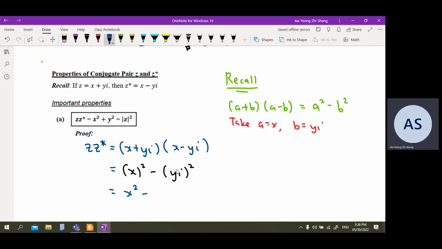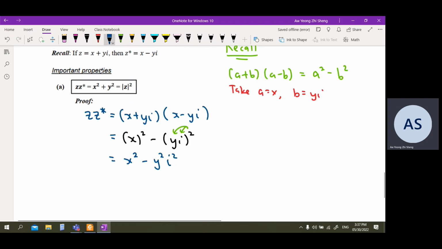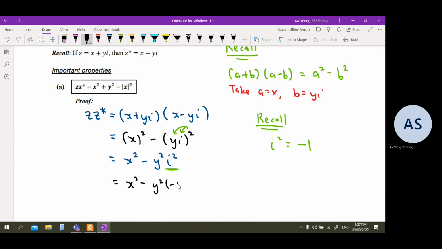And for yi squared, the square can be distributed over the product, so you have y squared, i squared. Recall that i squared is defined as -1, and we learned this on page number 1. So I'm going to replace i squared by -1. So eventually I get x squared plus y squared.